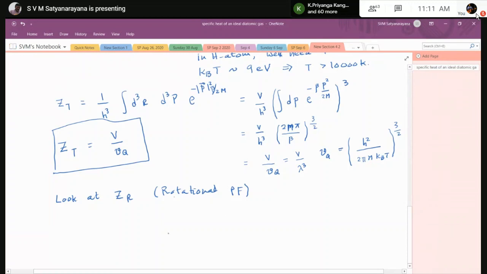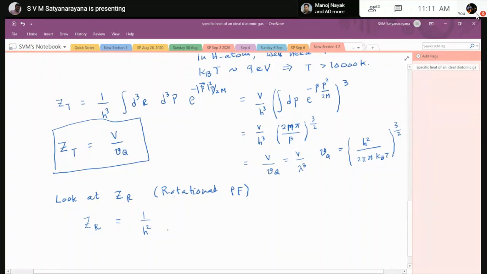So we can have a situation like this. Z rotation can be written as 1 over h square. Why h square? Because there are only 2 degrees of freedom.